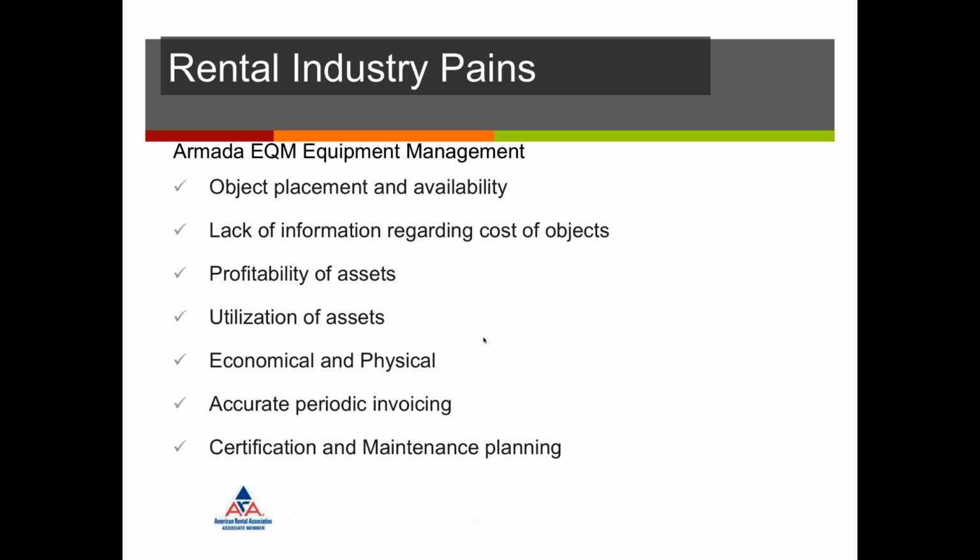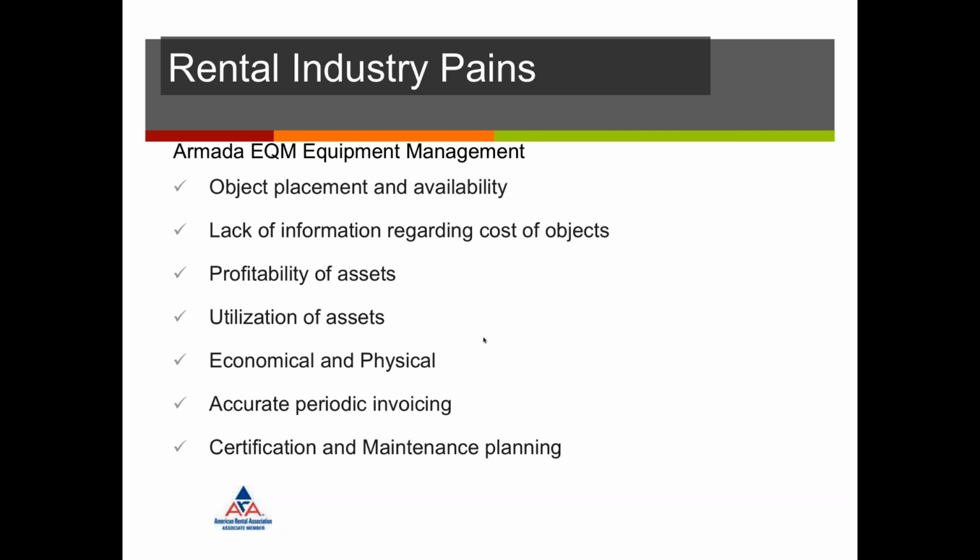Some of the pains that we have seen in a rental equipment management environment are, they want to know where your object or your asset is and how available is it. Which location is it, for example? Is it in my location in Houston, or do I actually have it in Chicago right now in a more distributed environment?